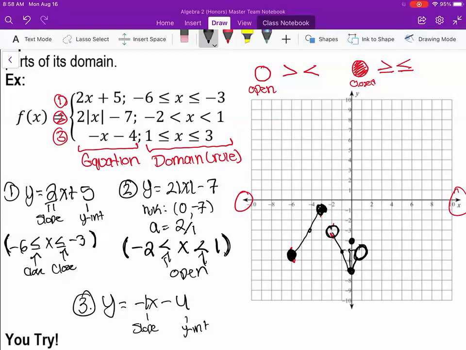My slope is -1, which means I'm going to go down. And because it's not a fraction, I'm just going to put a 1 under it. So now my slope is going to be down 1/1. So down 1/1, down 1/1, down 1/1. And I'm just going to find a bunch of little points.